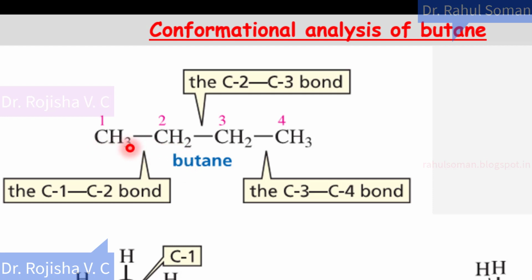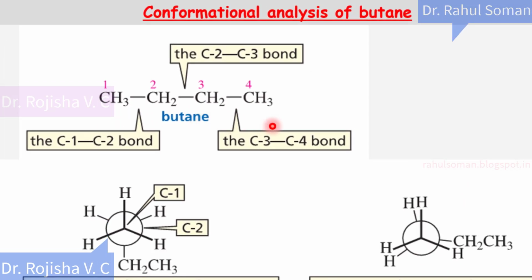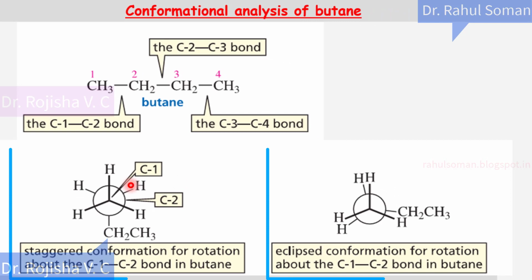The three CC bonds are C1 to C2, C2 to C3, and C3 to C4. C1 to C2 and C3 to C4 will always remain the same. If you look at the molecule through C1-C2 or C3-C4, the Newman projection will look like this.